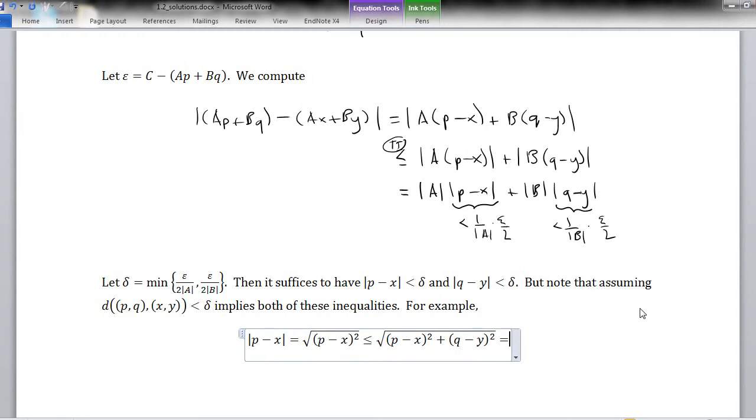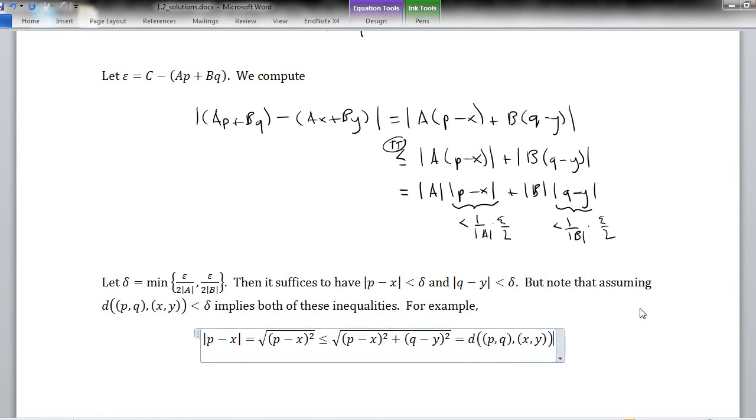But that's just the distance in the plane from the point PQ to the point XY. Right. So if we assume that this distance in the plane is less than delta, then we get that the distance between the first components of these 2 points on the number line is also less than delta. Okay, and the same sort of argument would work to show that the distance between the second coordinates of these 2 points is less than delta.